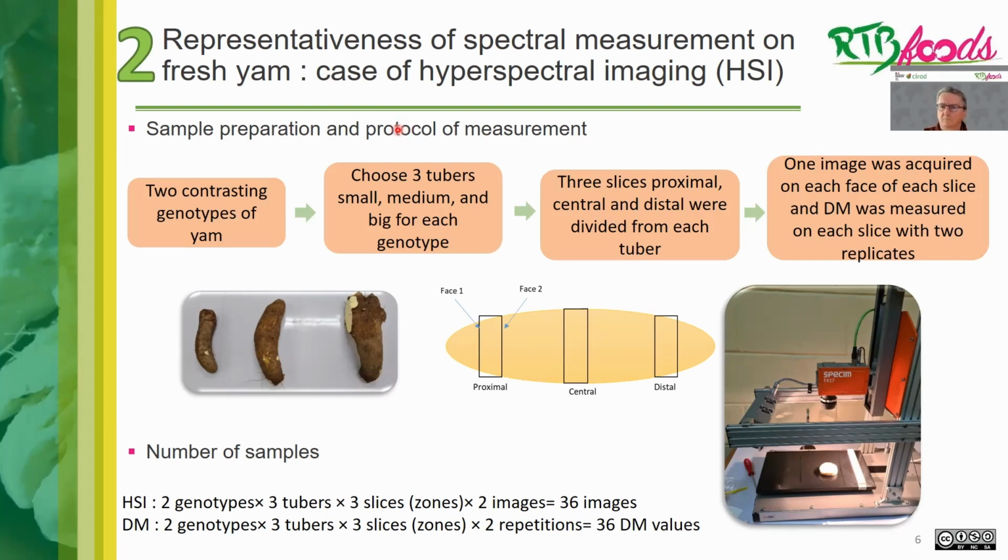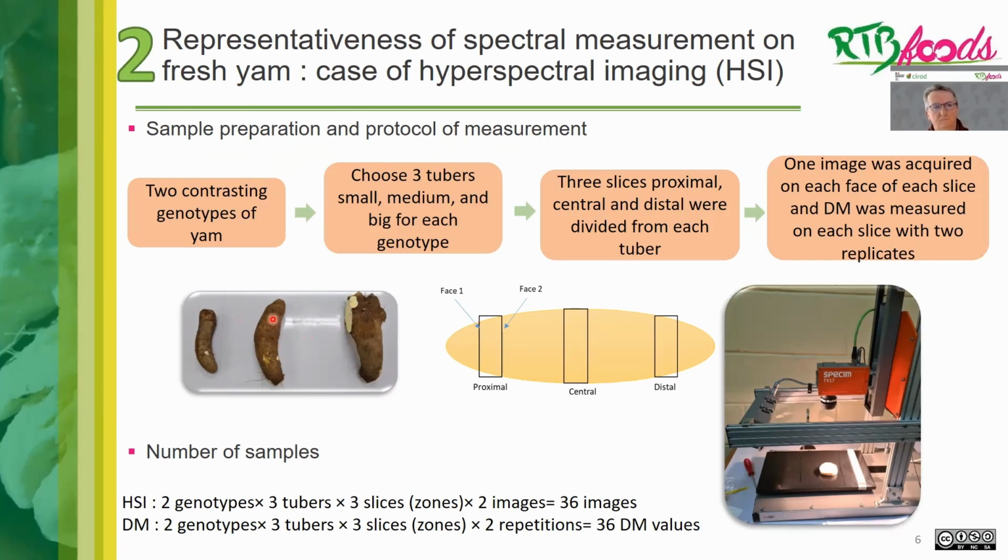Okay. So for the sample, we follow the sample preparation and the protocol of measurement. So to check the representativeness, we take two contrasting genotypes of yam, and then we choose 3 tubers, small, medium, and big for each genotype.